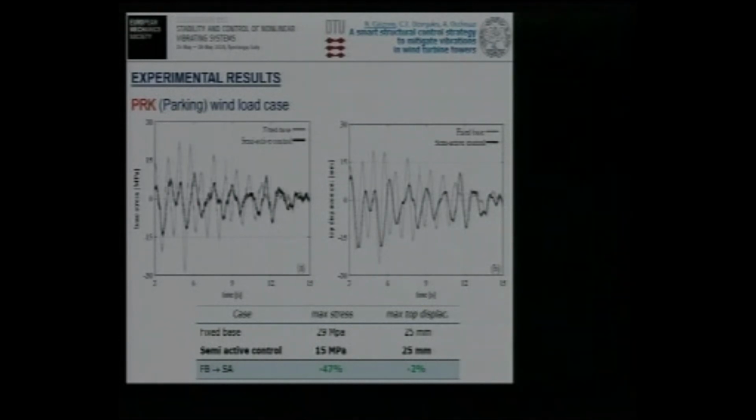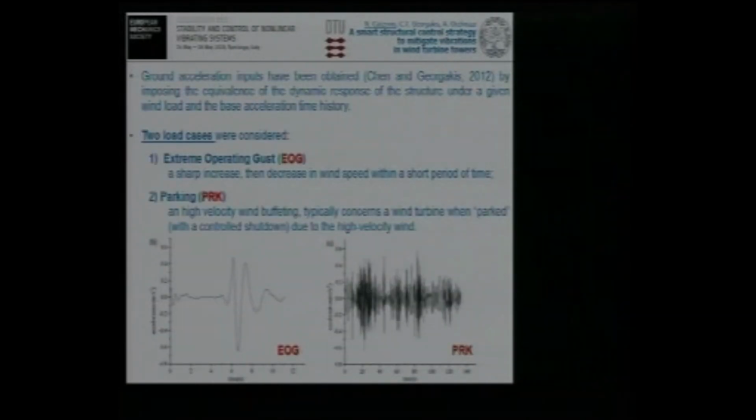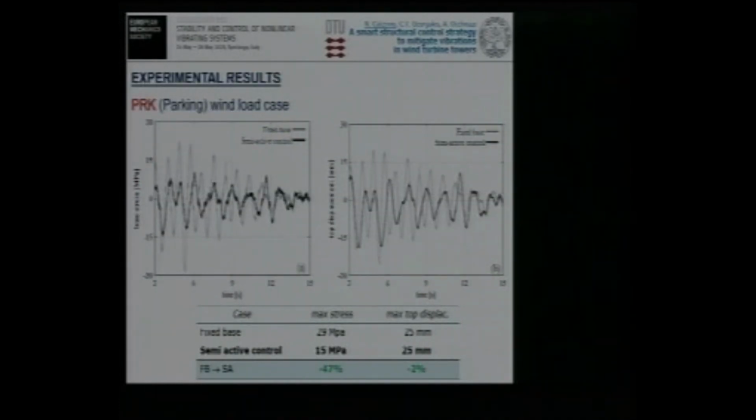Again, the shape of the accelerogram at the base in this second case is very different. It is less impulsive, so the damping capabilities of the magnetorheological devices are more able to emerge. In the case of impulsive loads it is less clear, but the effect of making the base restraint more flexible is evident also in the first case.